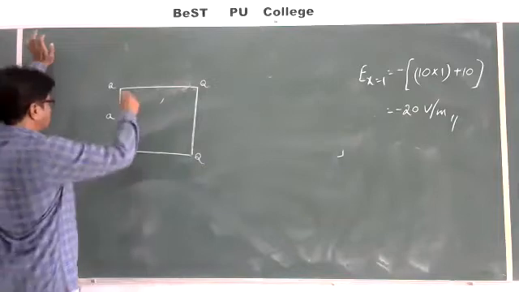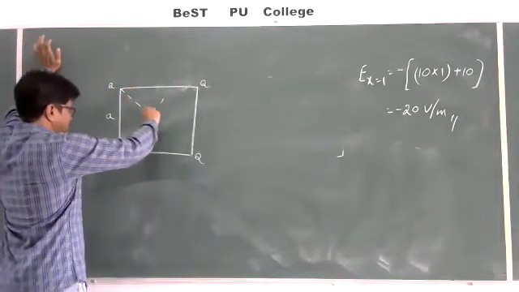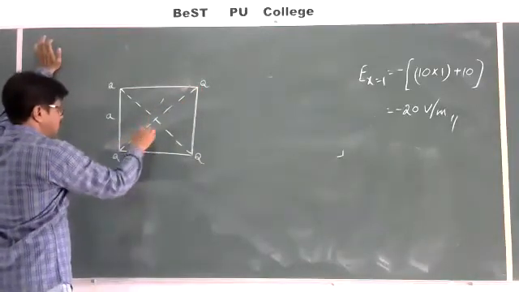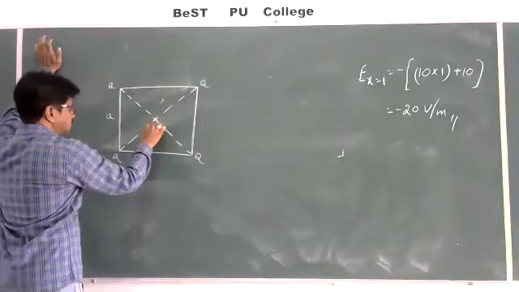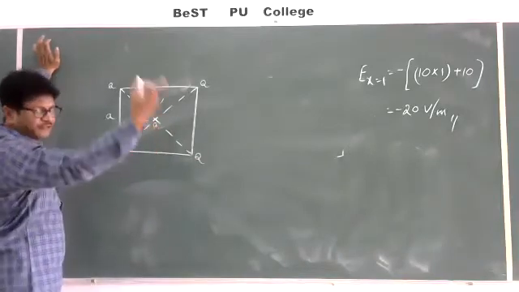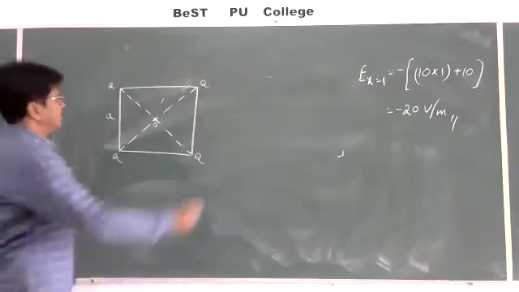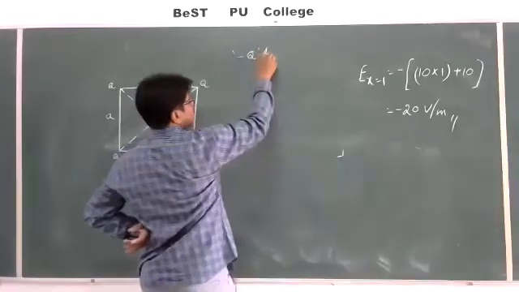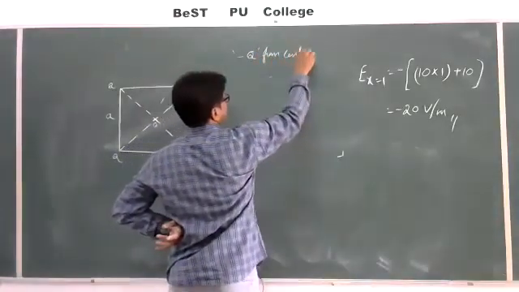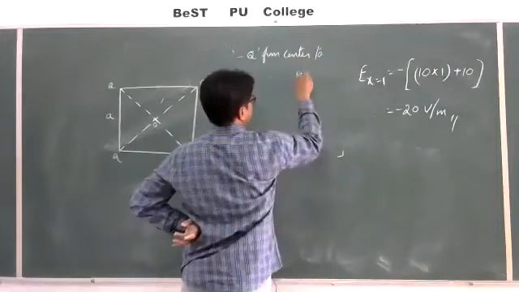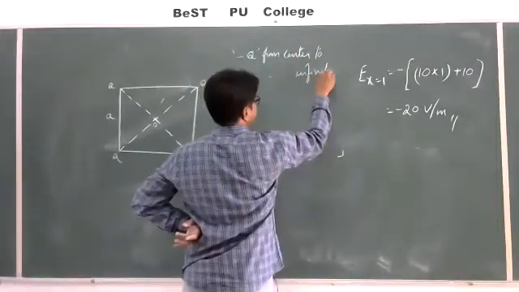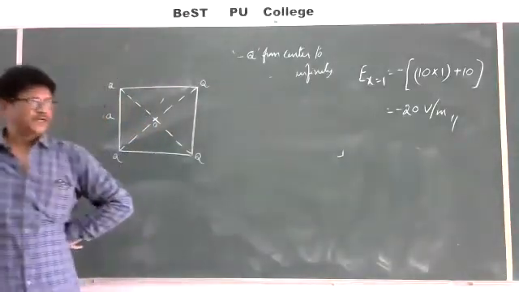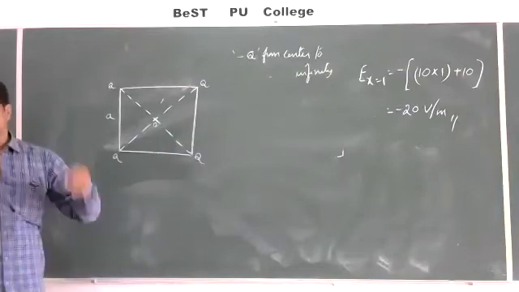Now he wants to move a charge minus Q from the center to infinity. Then what will be the work done?